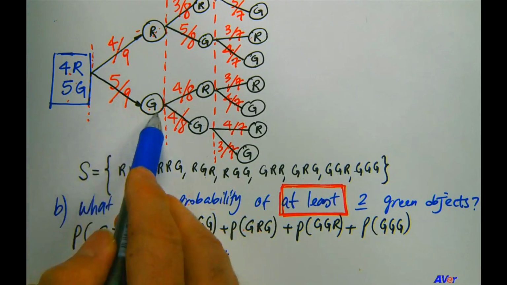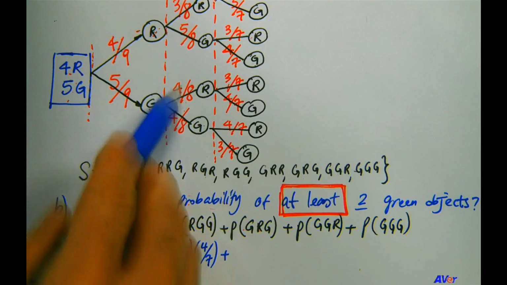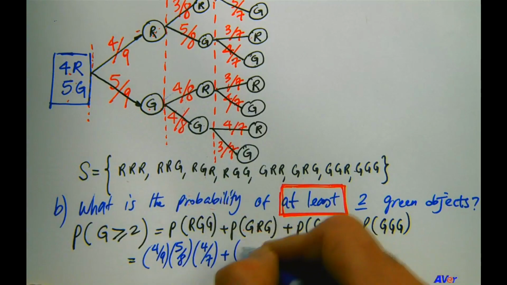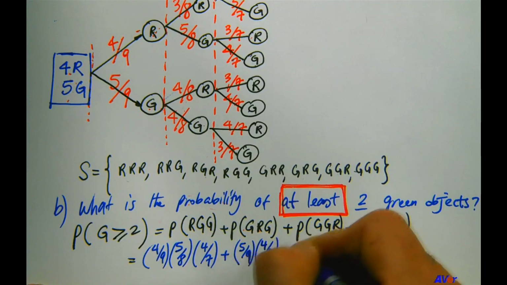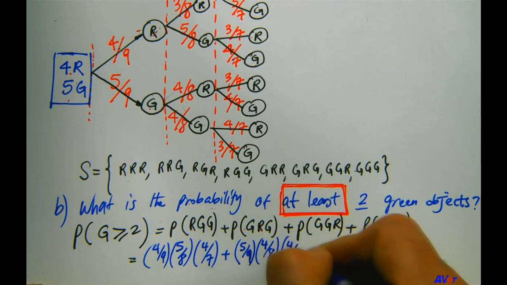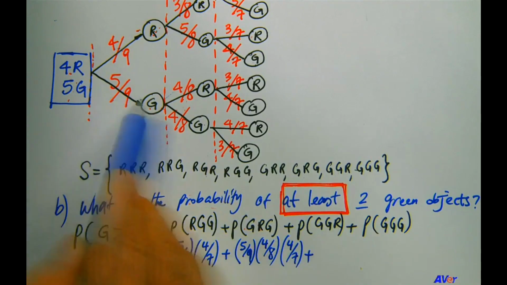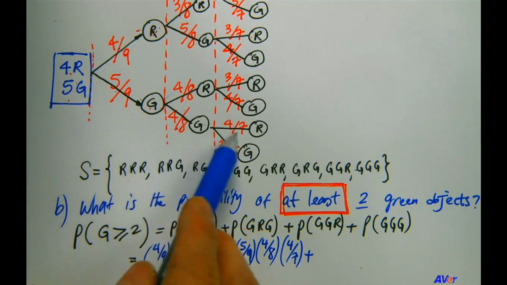So 5/9 times 4/8 times 4/7. Like that. Green, green, red, so 5/9 times 4/8 times 4/7.